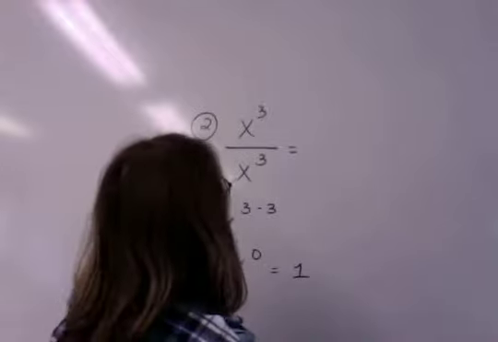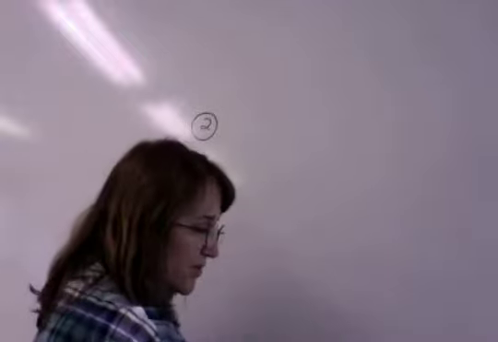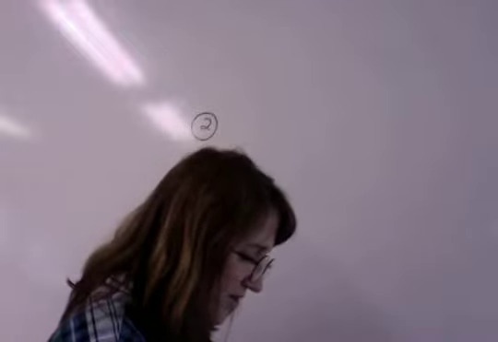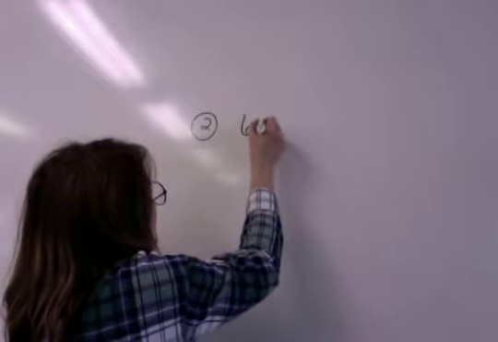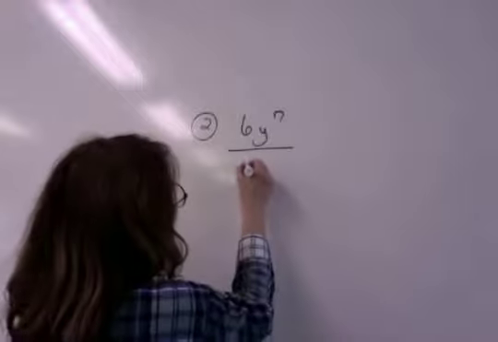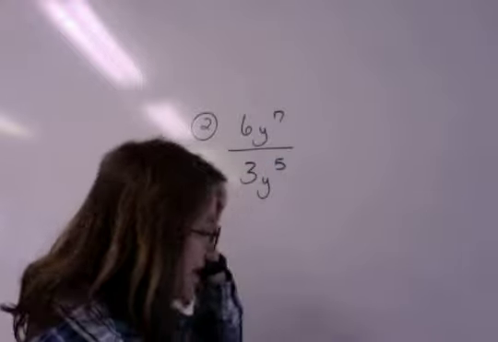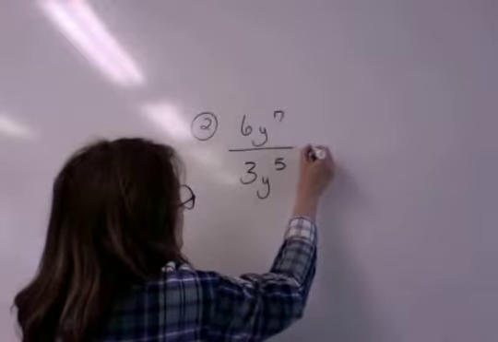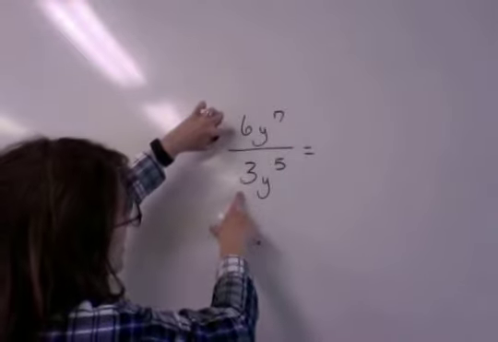Let's look at a couple more to get you back in tune with what you're doing with quotients. Here we go. We've got 6y to the 7th power and 3y to the 5th power, and I'm going to divide them.